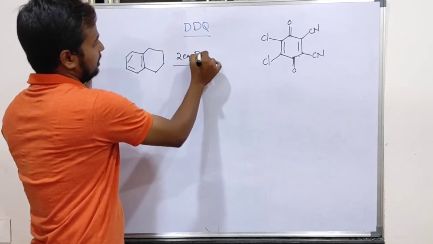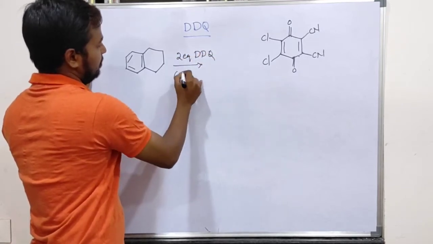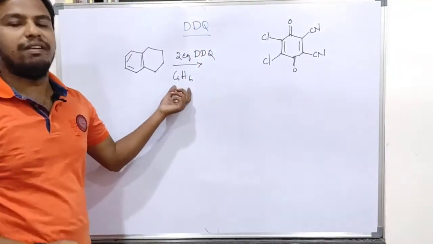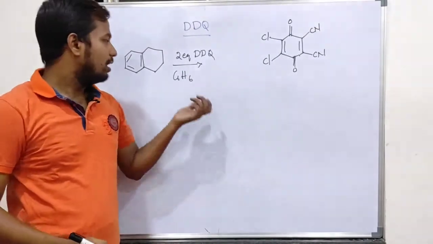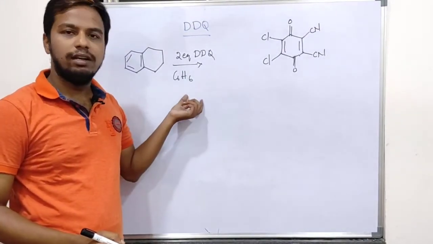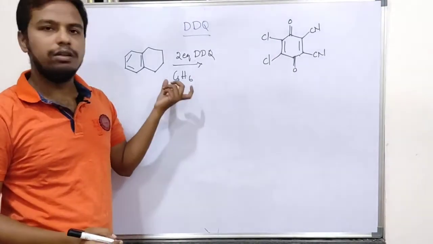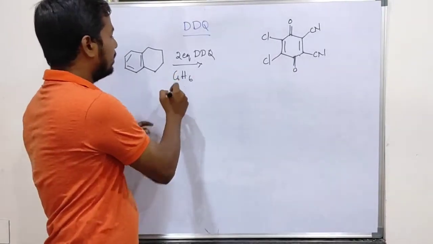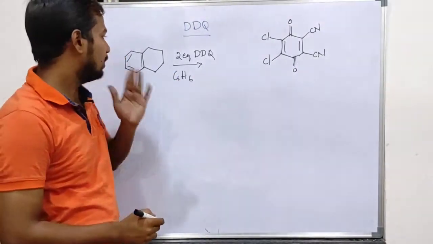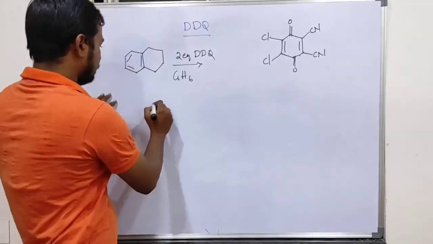Two equivalents of DDQ in benzene. Benzene is the perfect solvent for DDQ. Along with benzene you can use halobenzene also. Toluene also you can use. The best results are obtained when you use benzene as a solvent.